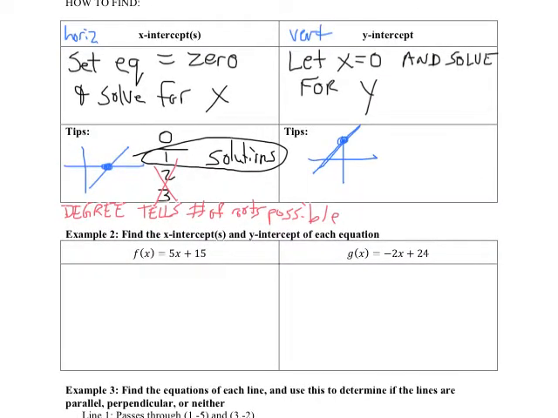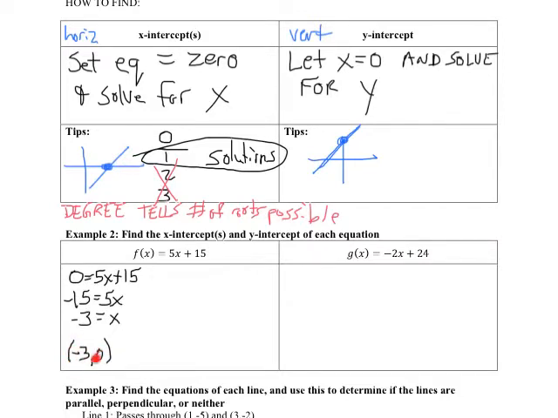If we want to find the x-intercept, that says set the equation equal to 0. So we say 0 equals 5x plus 15, which means negative 15 is equal to 5x, which means negative 3 is equal to x. So we have an x-intercept at negative 3, 0.